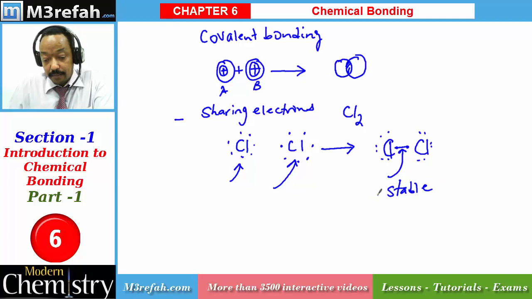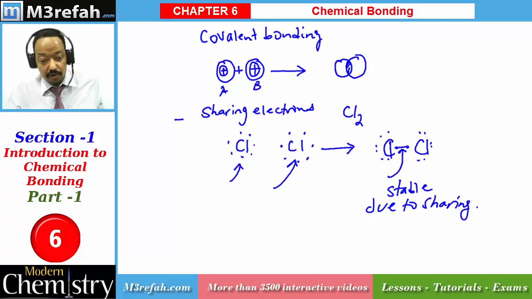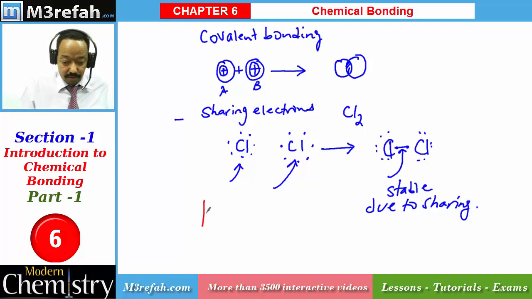Stability is due to sharing. We are going to see now the different processes where, in covalent bonding, the different atoms come together and form a sharing.